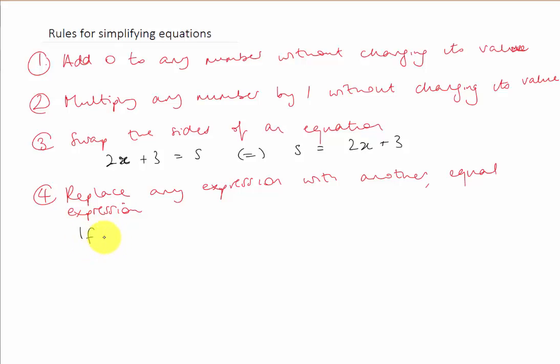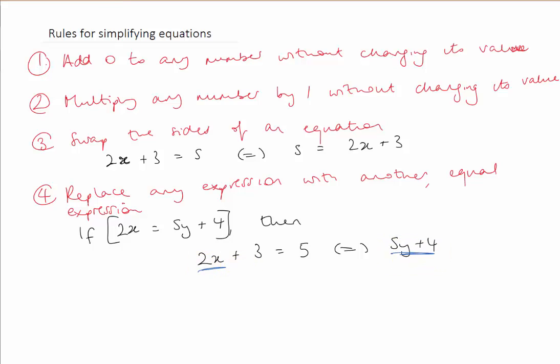Let's say that we know that 2x is equal to 5y plus 4, then it follows that if we have 2x plus 3 is equal to 5, that's equivalent to saying 5y plus 4 plus 3 is equal to 5.